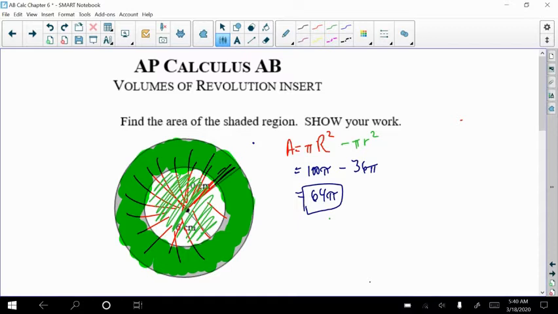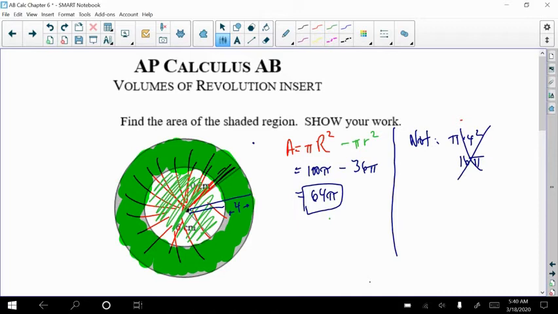And I hope that you see that it's not doing, this radius was 10 and this radius is 6, 10 minus 6, so this distance is 4, which is true, but I hope you realize that's not going to be pi times 4 squared, which is 16 pi. Because that sometimes happens. That's sometimes what some students think maybe to initially do.